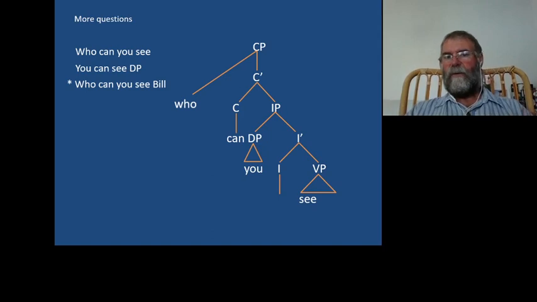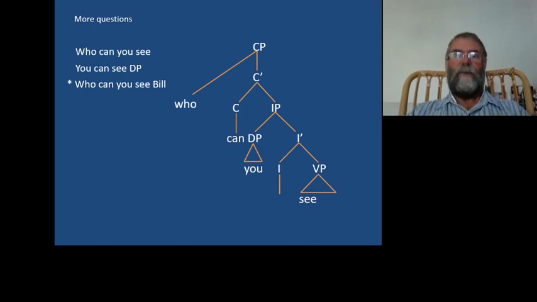The assumption that WH phrases move to the specifier of the CP therefore gives us an answer to the question, what occupies the specifier of the CP? It's moved WH phrases that go there. So the analysis of moving a WH phrase from some position inside the IP into the specifier of the CP seems to work well.